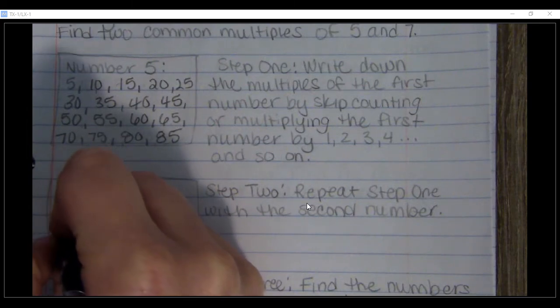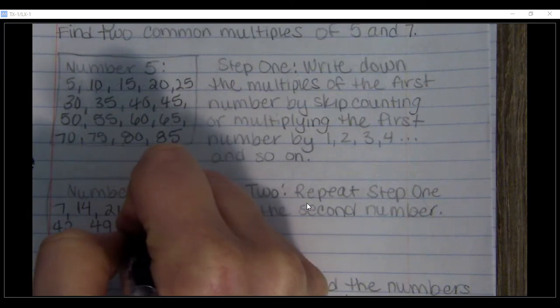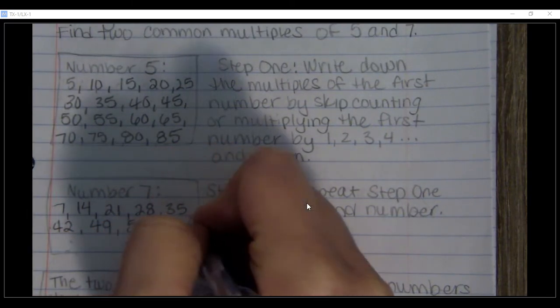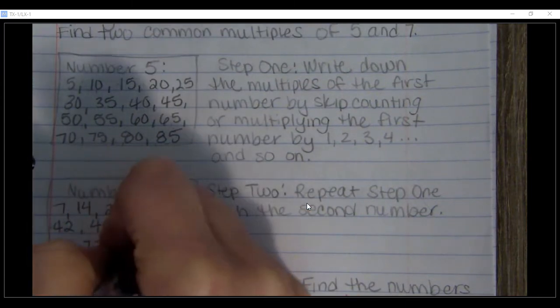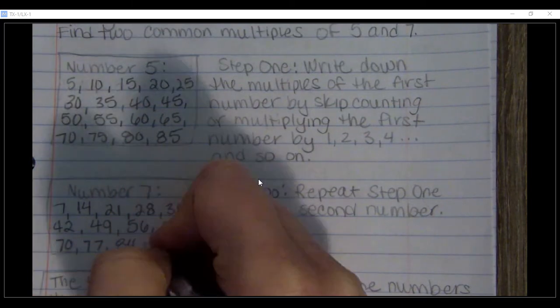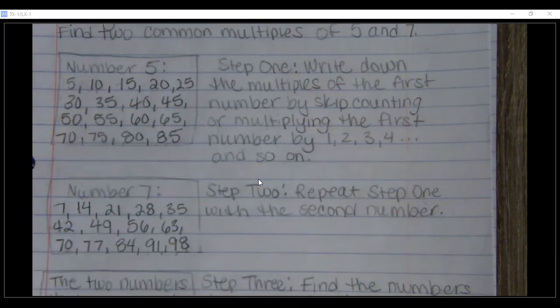7 times 6, 7 times 7, 7 times 8, 7 times 9, 7 times 10, 7 times 11, and when you get here, you might need a paper and pencil or a multiplication chart, but here I go.